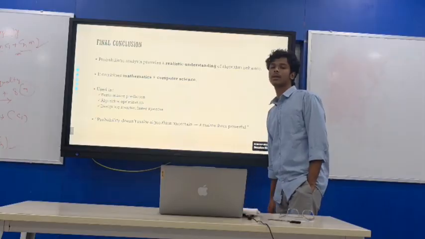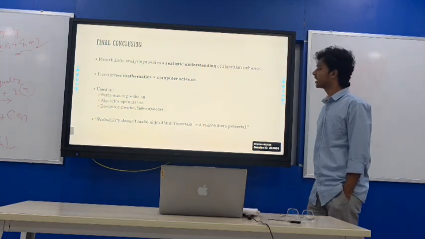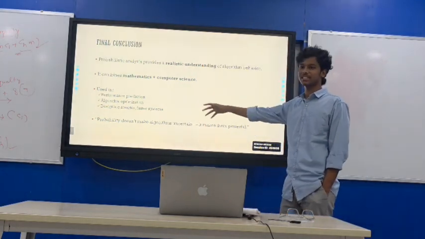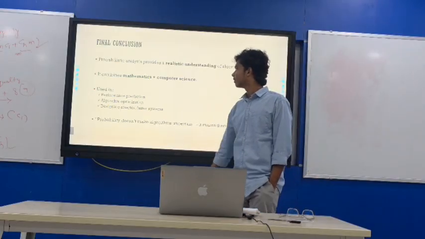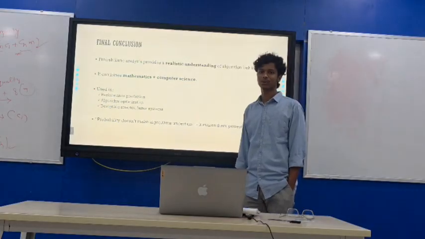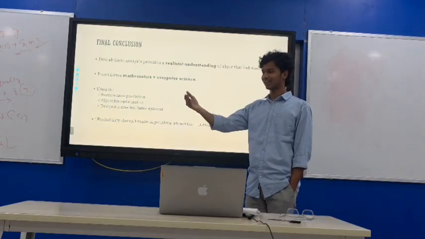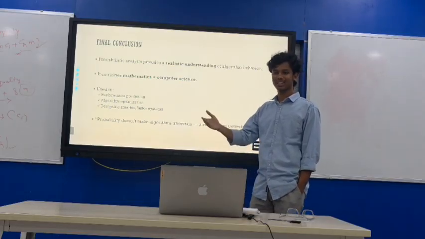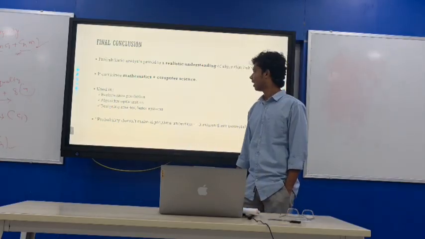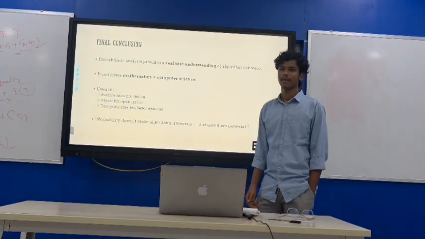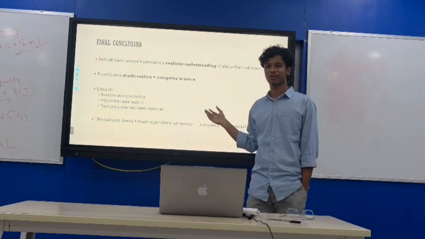The final conclusion is that probabilistic analysis provides a realistic understanding of algorithm behavior. It combines mathematics plus computer science. It is used in performance prediction through randomness, and algorithm optimization by decreasing the complexity from worst case to better case, designing smarter and faster systems using smart algorithms such as quicksort.